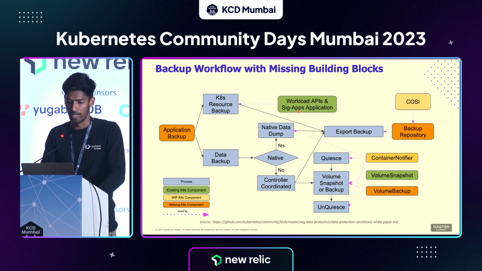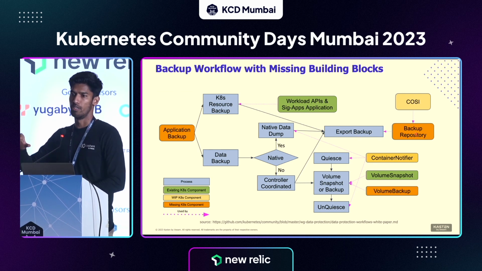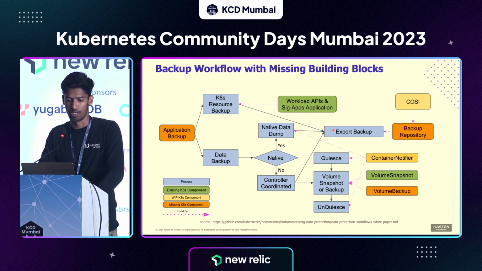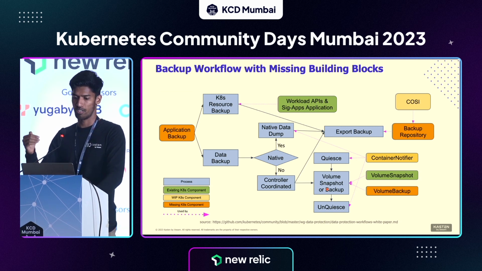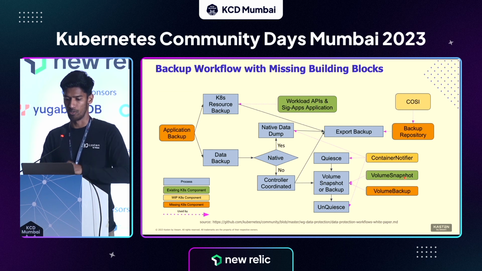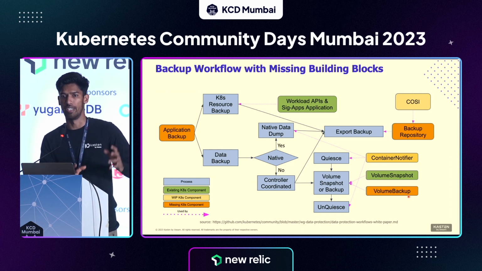We dump the specs, and using the backup repository, we push the metadata to some object storage. For data backups, if it's native, we dump the data and export that. If it's not native, we snapshot. Again, for snapshotting, we quiesce, snapshot, and then unquiesce the volume. We use volume snapshot to snapshot the PVC, and then the volume backup API to export all the data to some storage.